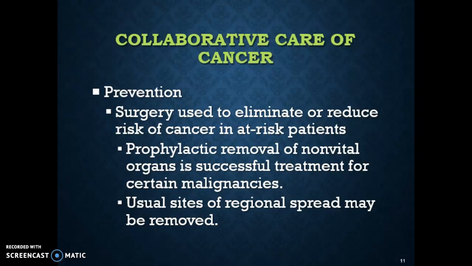One of the most common things that we hear a lot about lately is where patients have the breast cancer genes, and so they have a high likelihood of developing breast cancer, and so they elect to have a prophylactic double mastectomy, preventing the potential for cancer to develop and grow in that area.